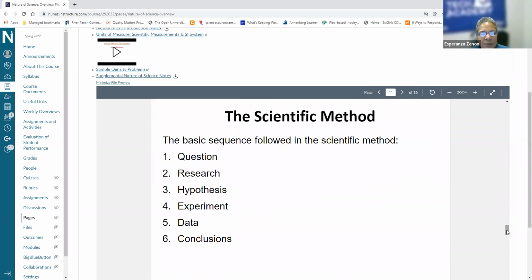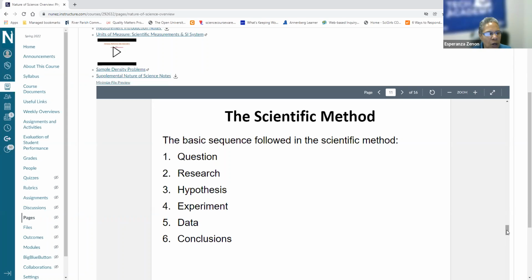And so here are some steps that you can utilize for the scientific method. I provide these steps because you will have to utilize the scientific method to investigate a simple question of your own, and so to make sure that you have a reasonable set of steps to follow.